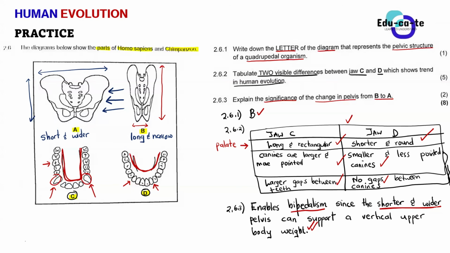It is going to allow the organism's upper body weight to be stacked vertically on top of the pelvis. It will be able to support a vertical upper body weight, enabling the organism to be bipedal. So you're explaining why this shape of being short and wider leads to bipedalism. Does that make sense, Charles? Yes, sir.